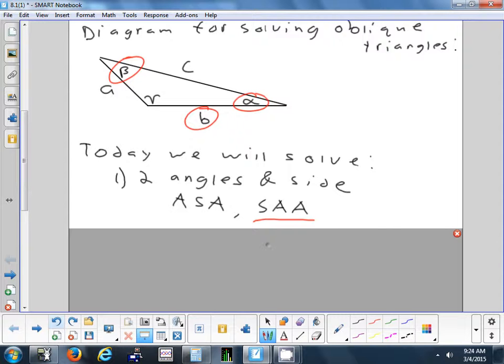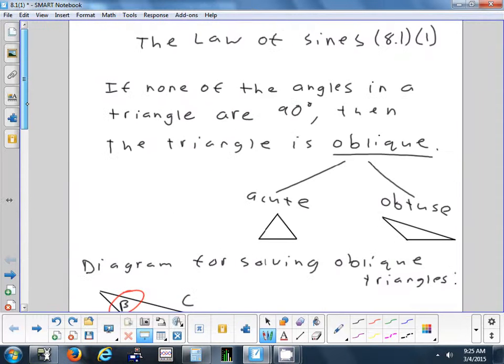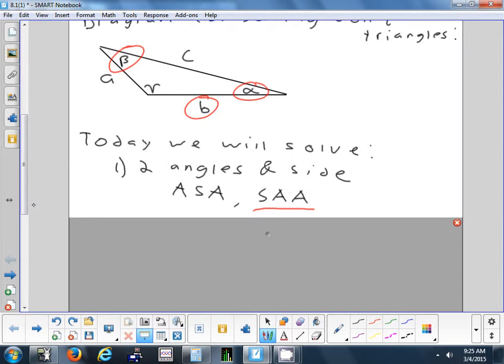But if I gave you alpha, C, and beta, now I just gave you the side that's connecting the 2 angles. That's the first type. Any question on that? It's important that you can recognize a triangle based on the information given, because that's going to tell you whether you use this law or another law we're going to learn.